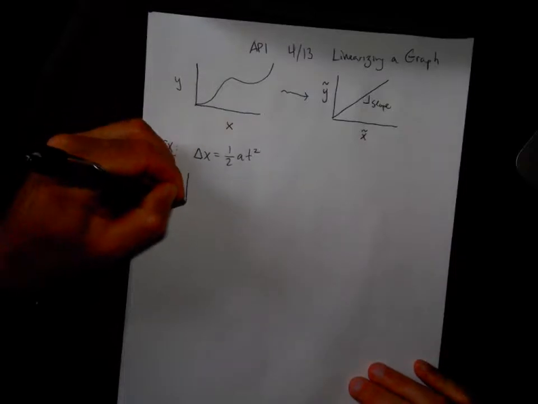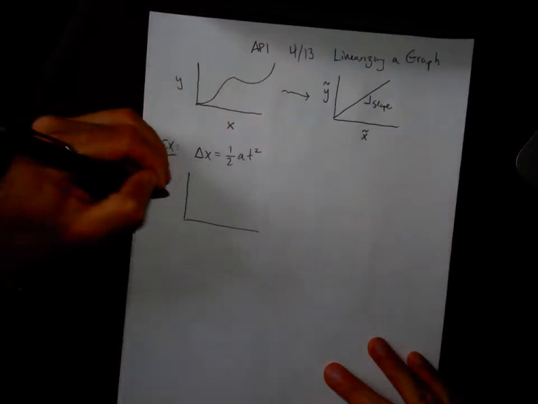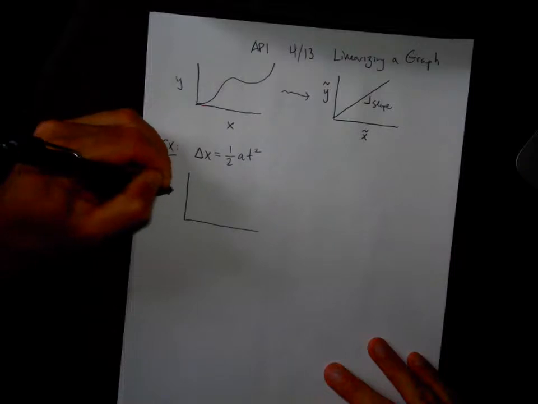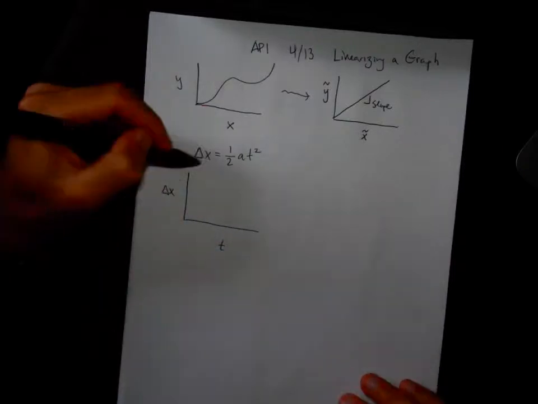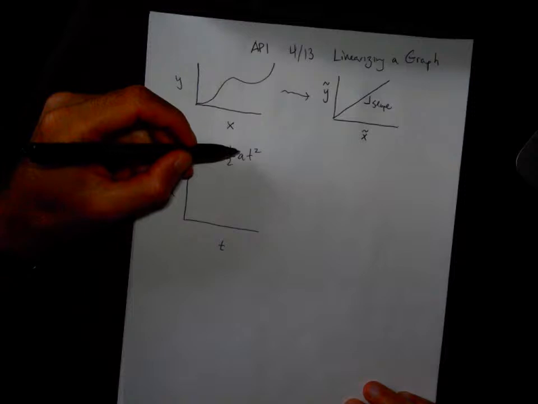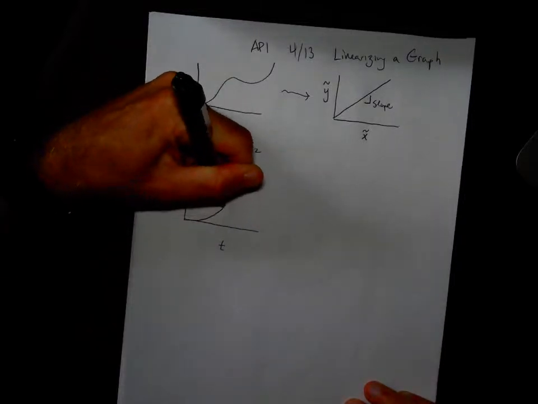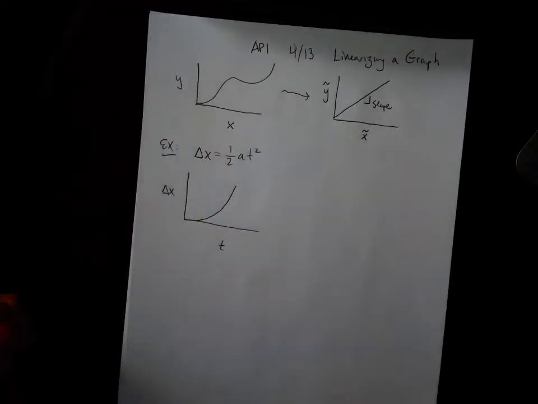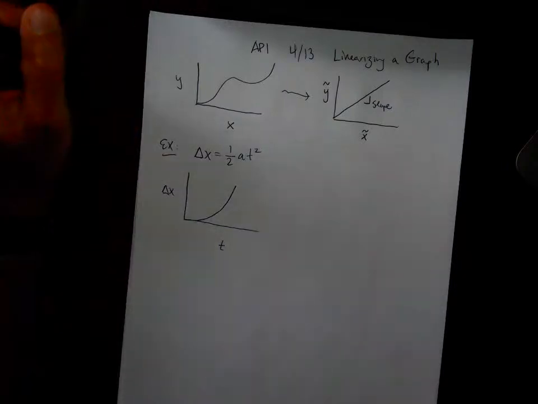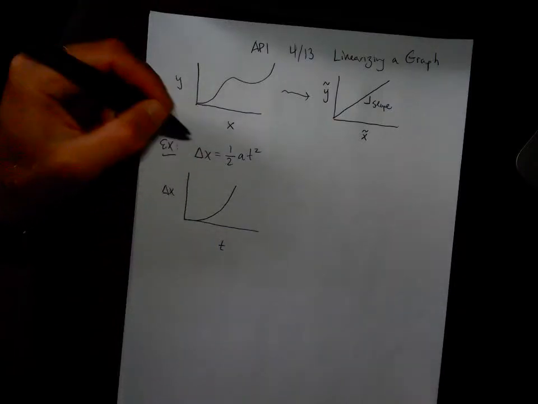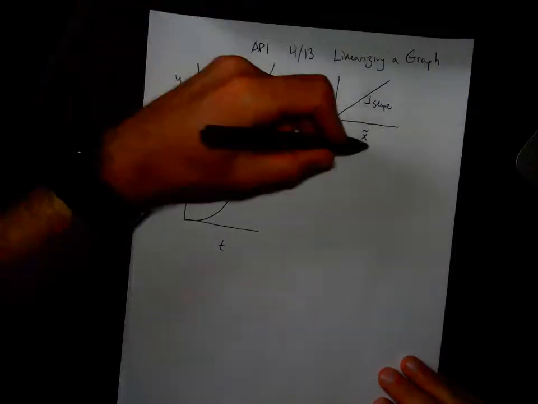So what would this graph look like if we were going to graph displacement versus time? Well, see how it's delta x equals 1/2 a t squared. So it's going to look like a parabola. Looks like this. That's not a straight line. So what we want to do is see if we can redefine variables so that this looks like a straight line. So I have to figure out what is my y squiggle and what's my x squiggle.